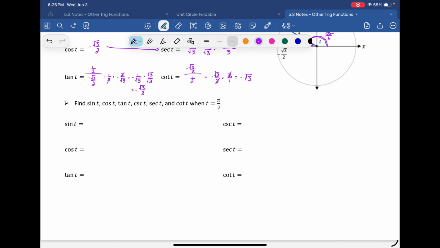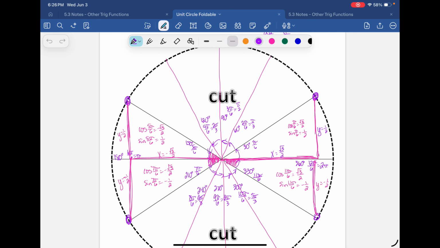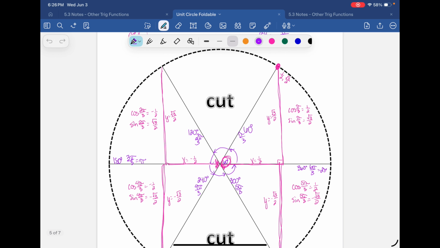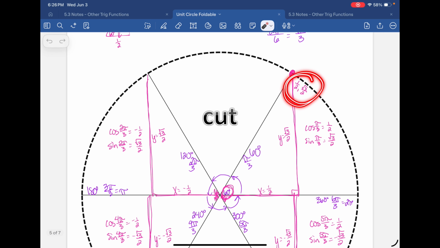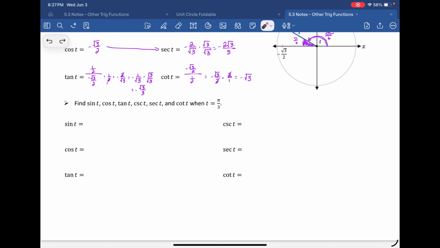All right, find all 6 trig functions when you know that your angle is pi over 3. So if we're looking on our unit circle, these were our pi over 3's. That ordered pair for pi over 3, which is right here, 1/2, root 3 over 2. All right, so sine would be the y-coordinate.